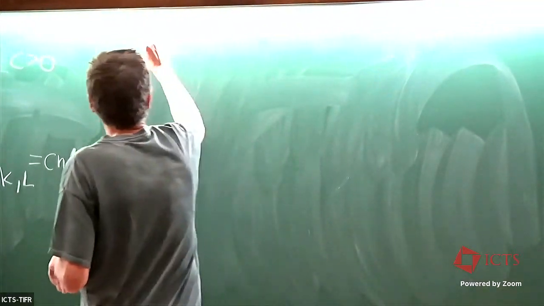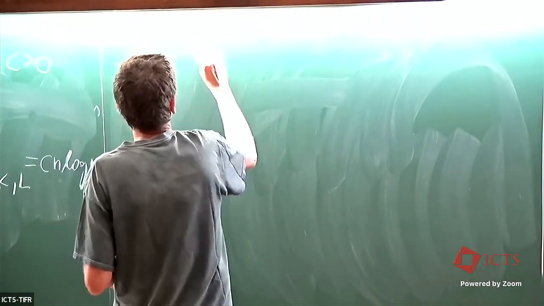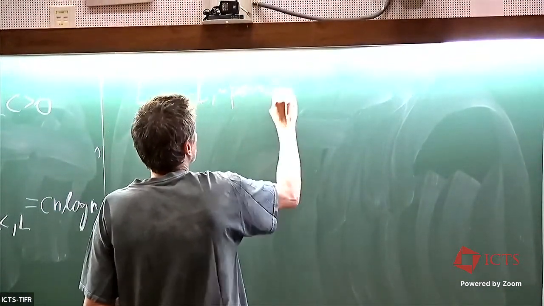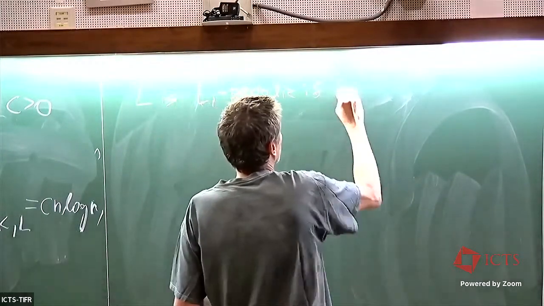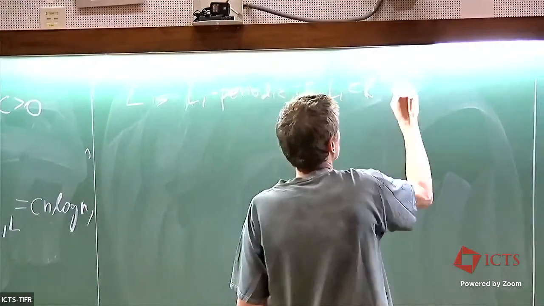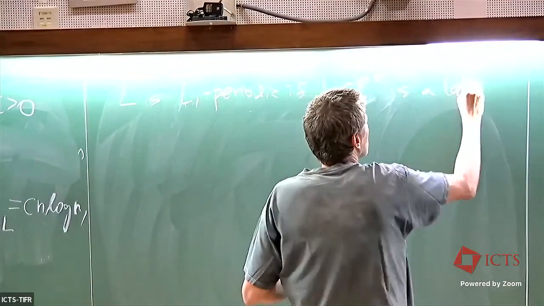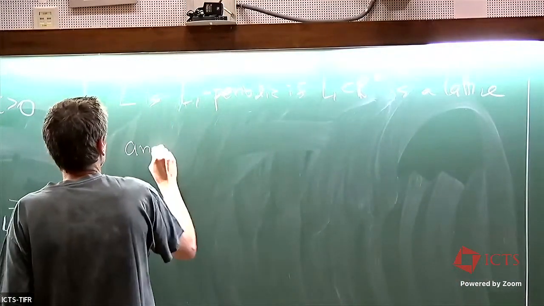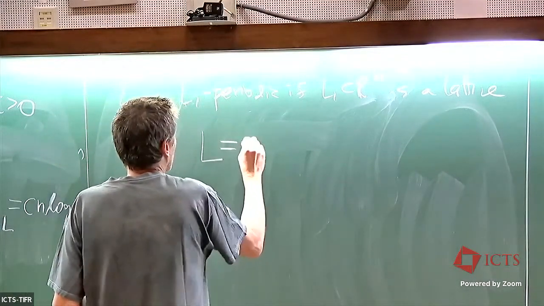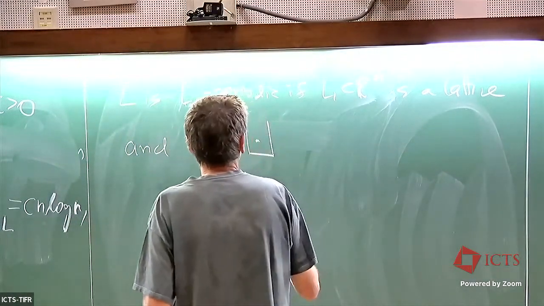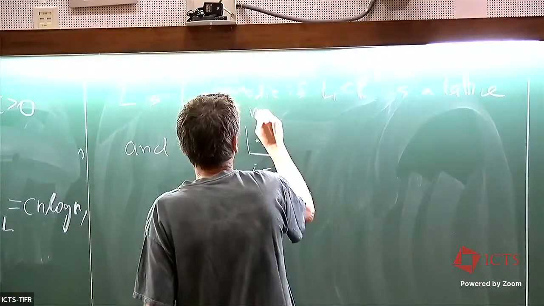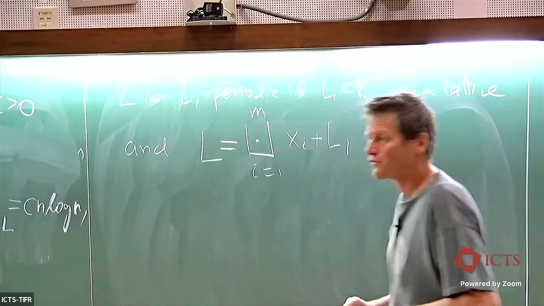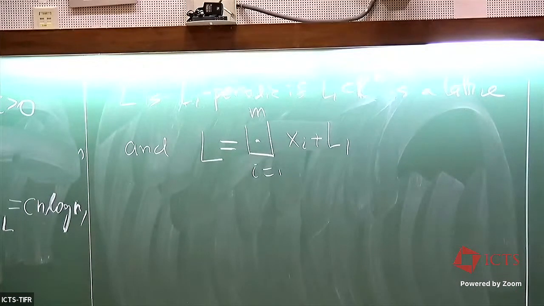L1 is periodic if L1 is a lattice and L is the disjoint union of some number of translates of L1.